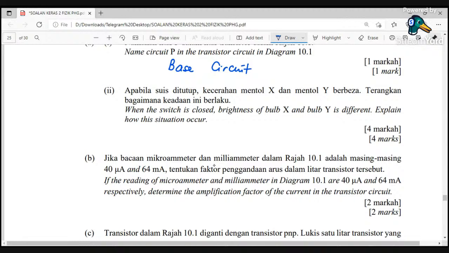Okay, how to explain? Okay, first point. I write in point form. High resistance in this circuit. So you can see there is a resistor R with high resistance.